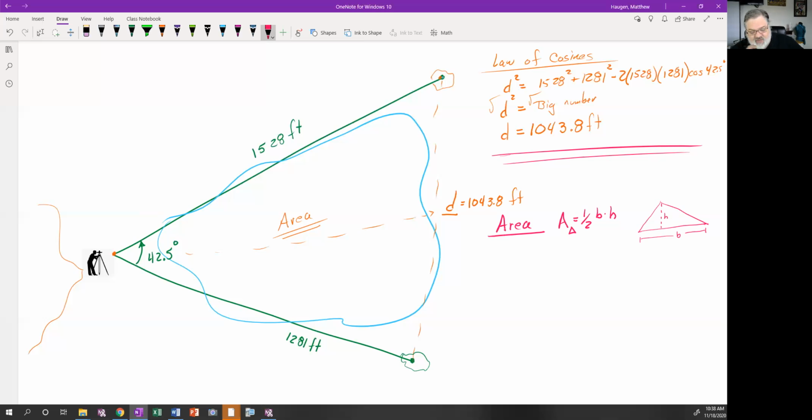And this has always made the half base times height formula a little bit problematic, because even if somebody just gives you a triangle and says, find this thing's area, you can measure the side lengths pretty easily with a ruler, but trying to measure that height exactly perpendicular to that base is often a little bit of a chore. So we have a couple options. What options do you guys know of?